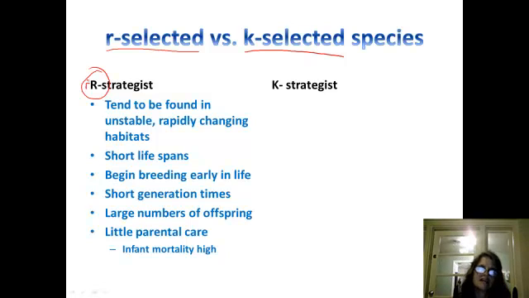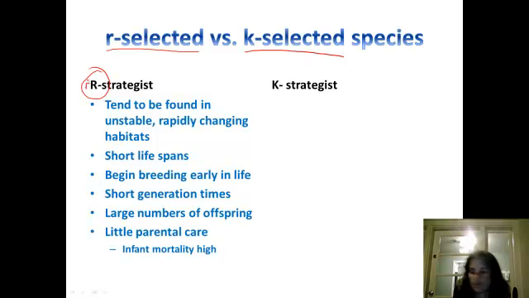r strategists tend, first of all, to be found in places where the habitat is not stable. It's changing a lot. So when conditions are suitable, boom, they have to be ready to go, have lots of babies, and get it done quick. They tend to have short lifespans. They tend to not take long before they're reproductively mature, meaning they can be born, mature really quick, and have babies right away.